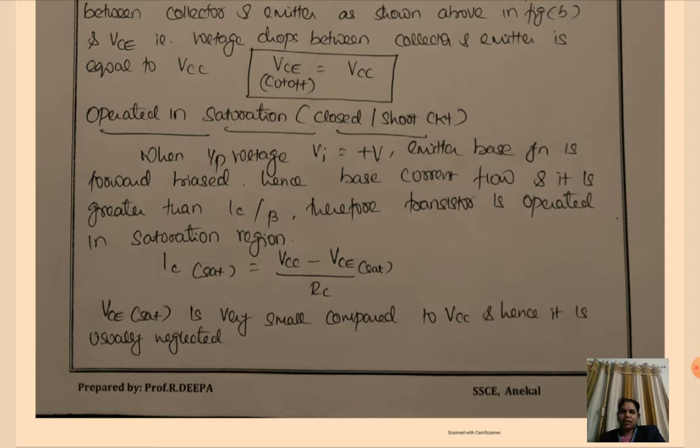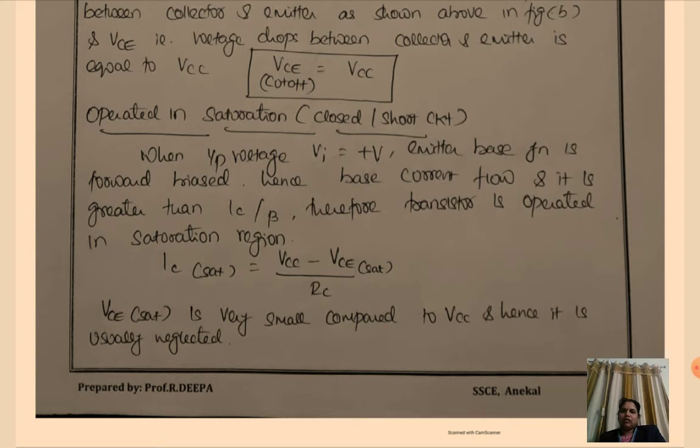If there is a base current, this will make the transistor operate in the saturation region, and the collector current will be equal to the voltage connected to the collector terminal minus the voltage drop across the collector emitter terminal, whole divided by the collector resistance.